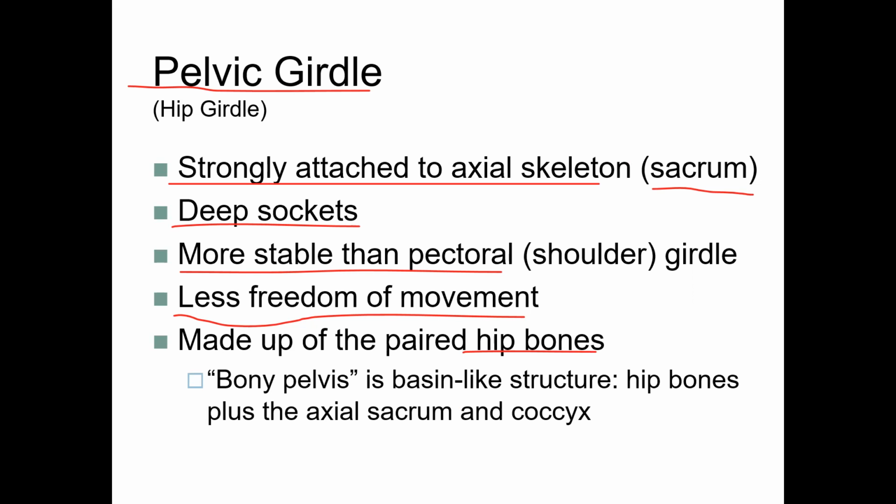By that I mean the weight of your body sits on the sacrum, is then transferred to your pelvis, and then from there that weight is transferred down to your leg bones. So it is very important to have a strong pelvis to help sustain or maintain or keep upright your body, however you want to put it, right?